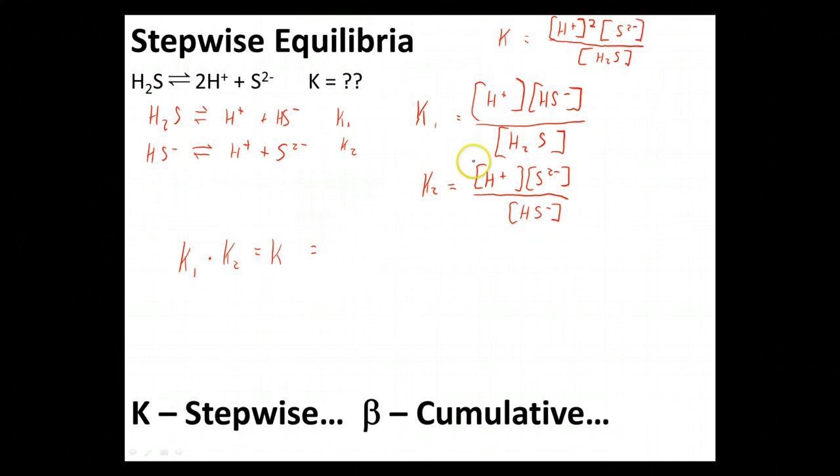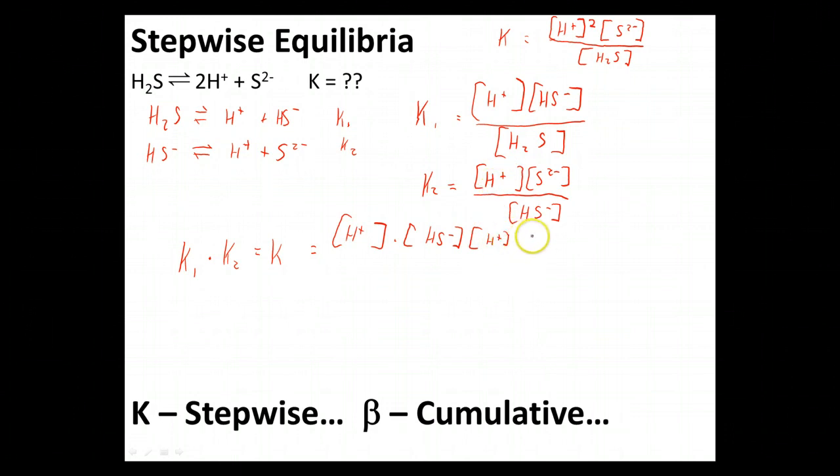So I'm going to have all of these. Notice if I multiply this times this, I'm going to get H plus times HS minus. I'm going to omit the dots because we know that this is also the shorthand. We're going to have another H plus, and this is coming from K2 now.